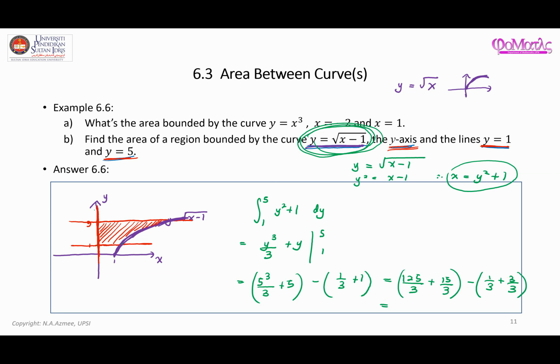So 125 plus 15 is 140 over 3 minus 4 over 3, so that becomes 136 over 3. Okay, so that's the answer to this question.